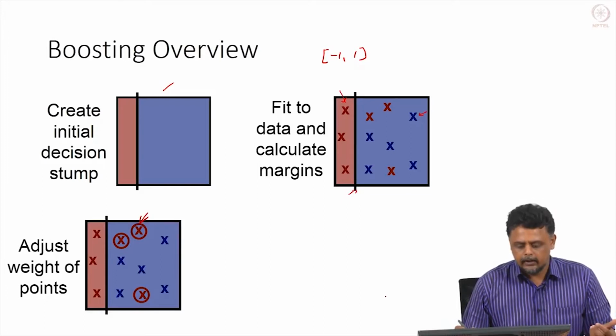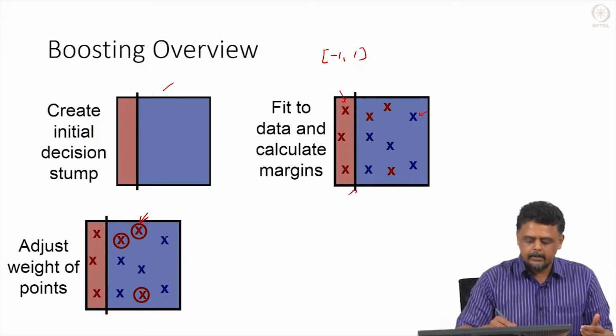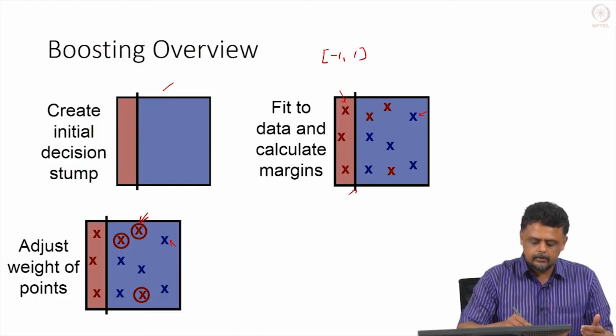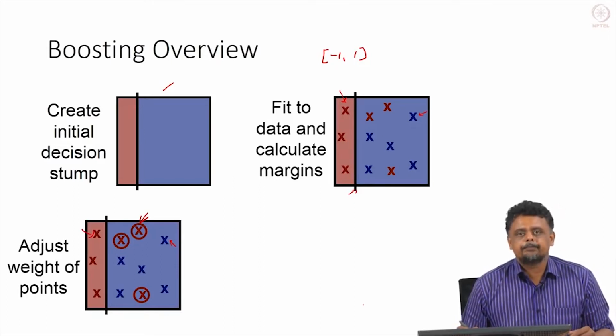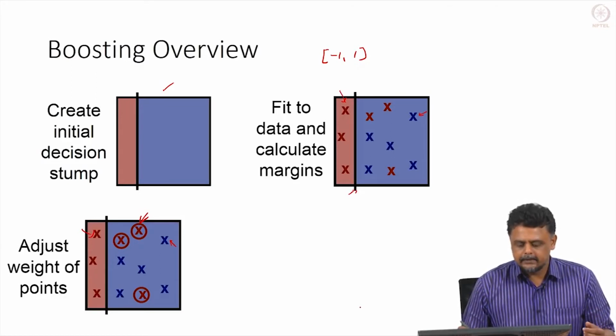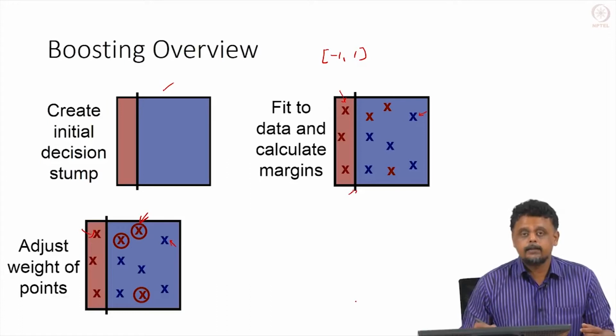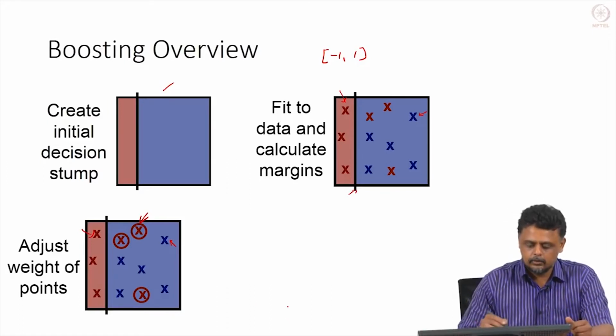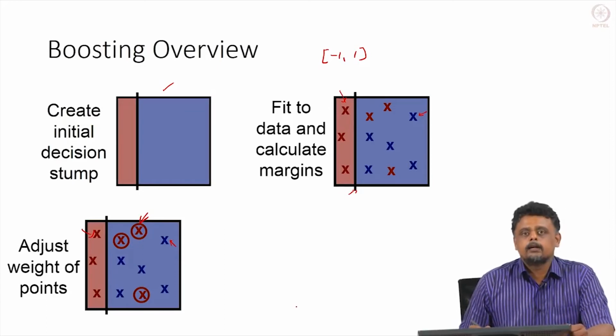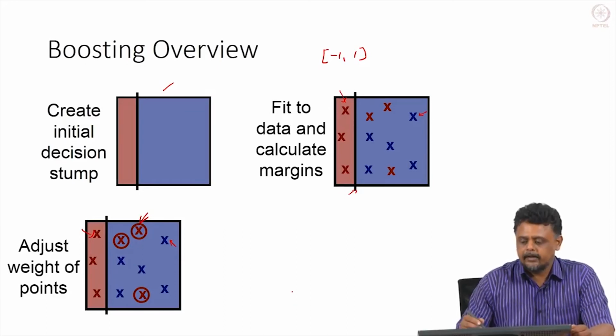You can even suppress the contribution of the data points that have been classified accurately to a minimum, and assign higher weights, in the sense of higher misclassification loss, to the data points that were misclassified by the previous decision stump.